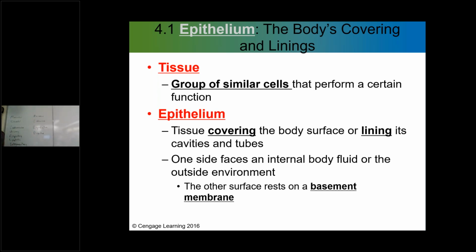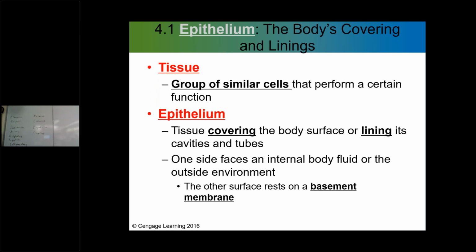When you're looking at these tissues, we started last class with epithelium. Epithelial tissue is a type of tissue that covers and lines most of the body. Your skin, the integument, is made up of a type of epithelial tissue. It also lines cavities and tubes. Throughout the body we have all kinds of tubes, because the human body produces chemicals and has blood flowing throughout it.